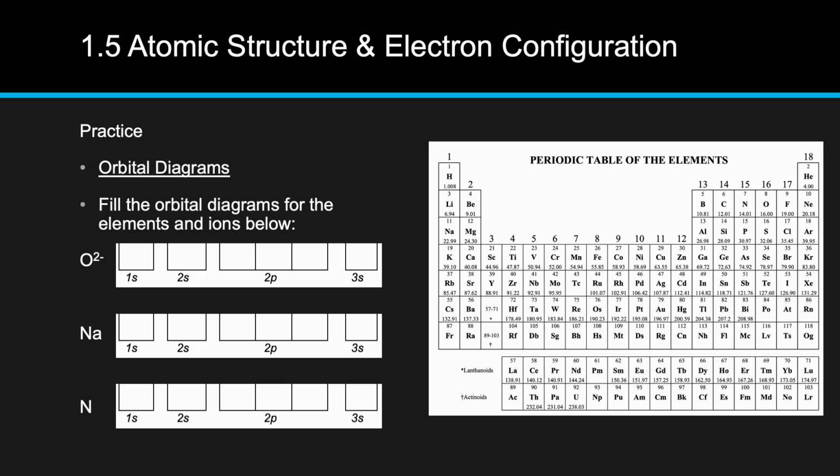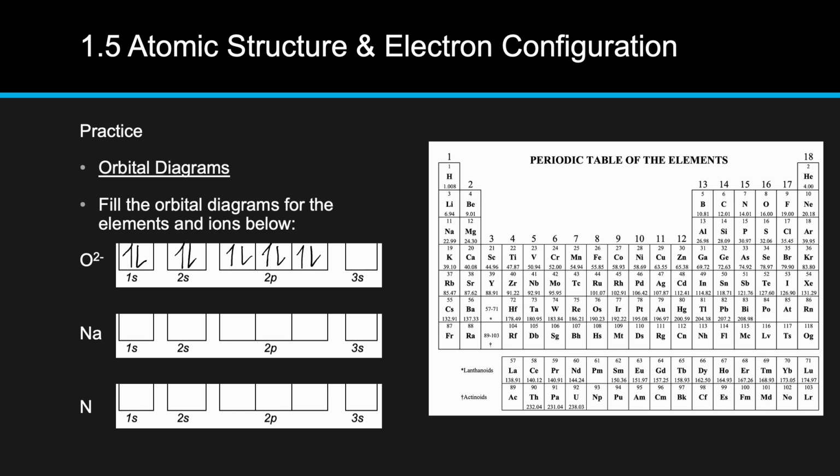So if we were filling the electron orbitals, we know we're going to have a full 2p sublevel, and then everything before it is going to be filled. So our 1s is filled, our 2s is filled, and our 2p is filled.